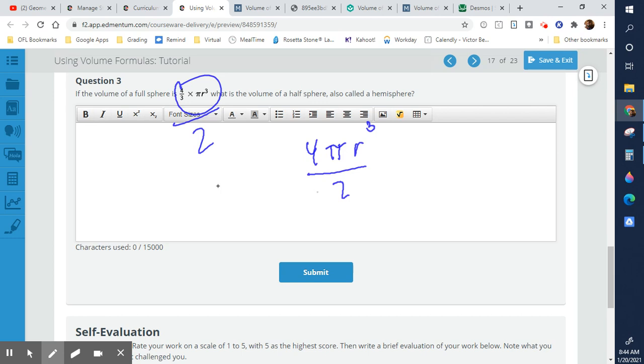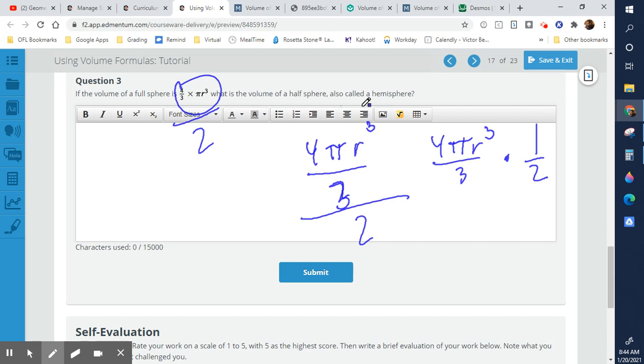And, oh shoot, it's supposed to be over 3. All of this is on the top, and then we're going to divide that by 2. Well, that's the same thing as multiplying it by 1/2. We're going to do this and multiply it by 1/2. So that ends up being divided by 6.